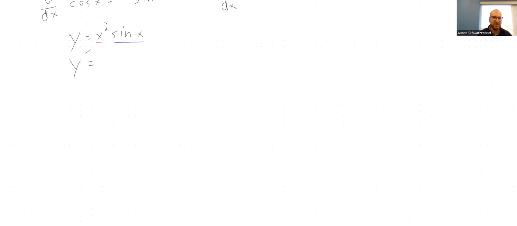The derivative of u is what? 2x. It doesn't really matter the order you do it in. A lot of times I will do derivative of first times second plus first times derivative of second. What's the derivative of sine? And there's our derivative. It didn't get simpler like nice polynomials do, unfortunately.